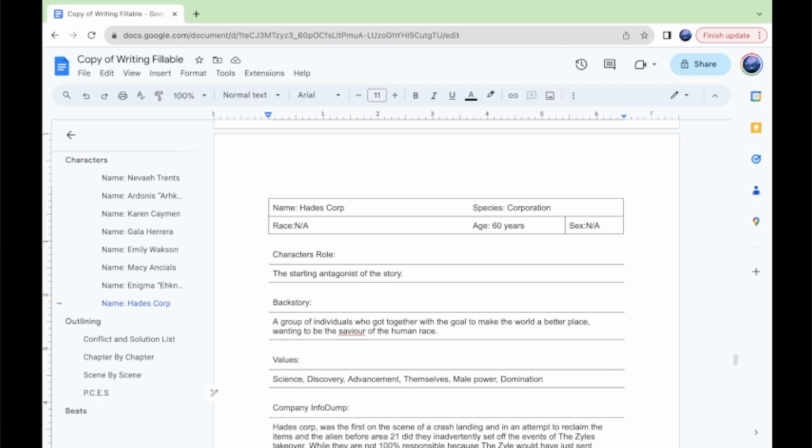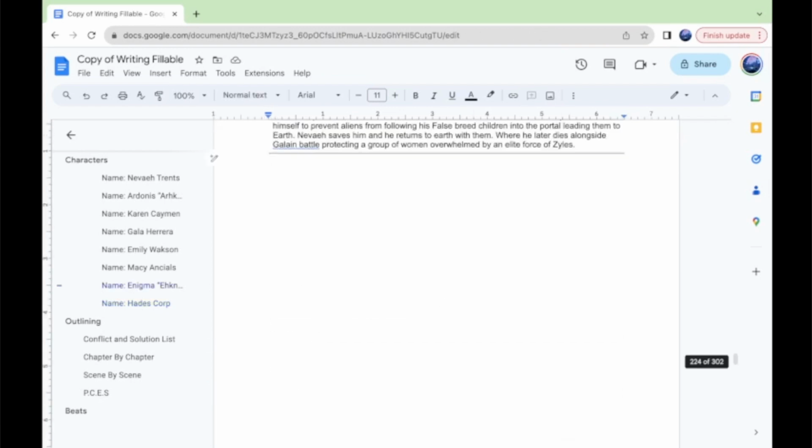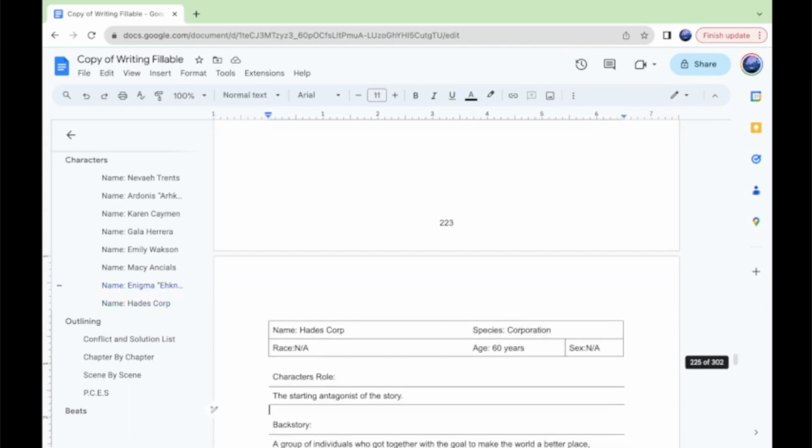Anywho, and then there's Hades Corpse. I felt the need to establish Hades Corpse as its own entity because I really want to throw some info in on it. I don't want anybody reading this, but yes, they're the antagonist of the story.